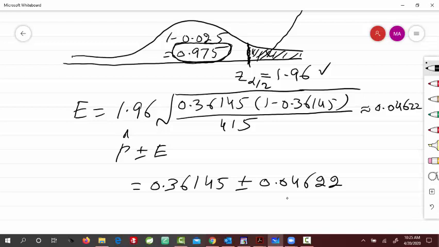Once you subtract, you would get 0.3152, and once you add, you would get 0.4077.